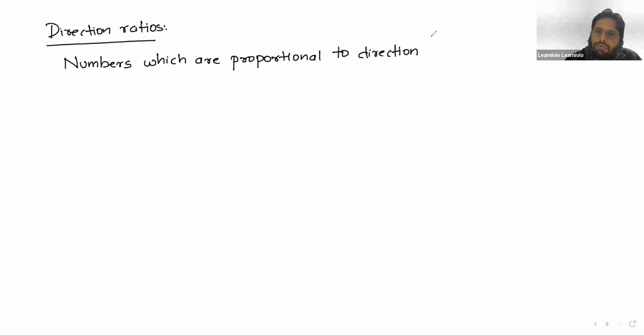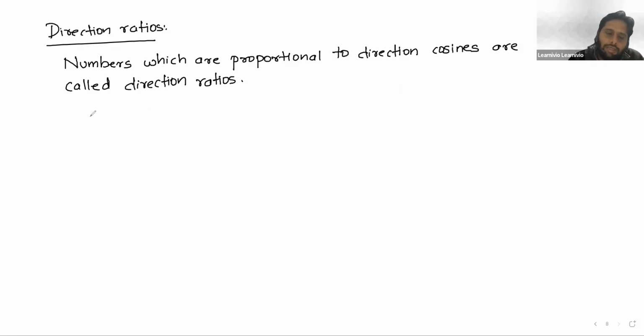Numbers which are proportional to direction cosines are called direction ratios. Okay, numbers which are proportional to direction cosine are called the direction ratios.